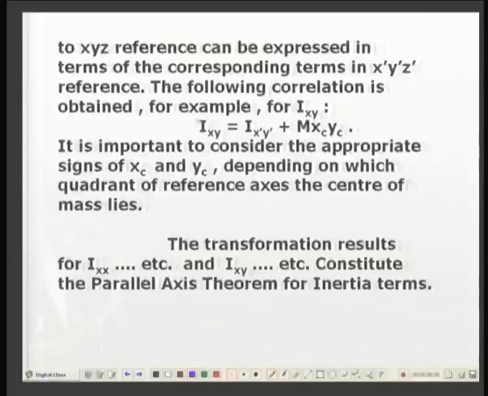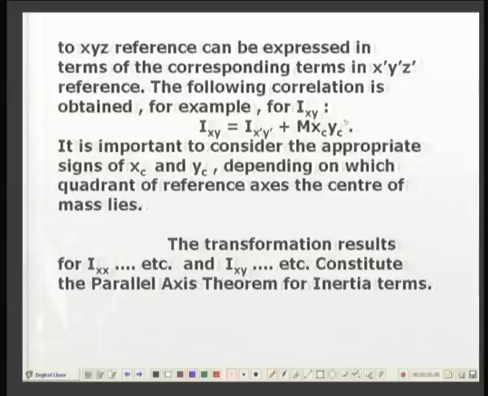Again take the product, there will be 4 terms and so on, proceeding exactly along the same lines. You will have, for example, Ixy equal to Ix dash y dash plus the total mass of the body times the product of the x coordinate of the center of mass and the y coordinate of the center of mass, as seen by the OXYZ coordinate system.